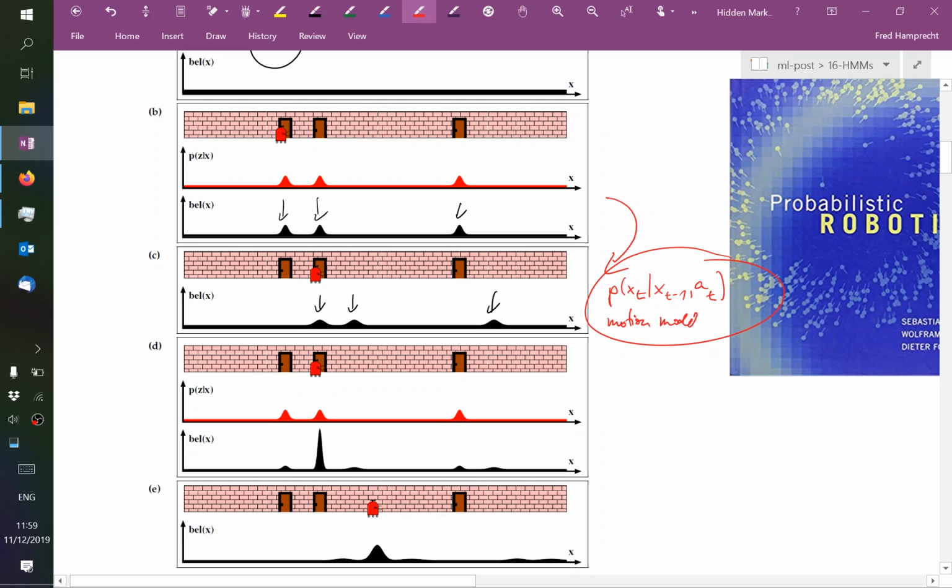Because as you have just described, it's a model of how our position change as we do something. In this case, the action is a movement or an intended movement. And we will see this again on Monday next week when we talk about the Kalman filter. Here, the hidden state was just where are we? Usually when we apply the Kalman filter, then the hidden state is where are we currently and what is our velocity?